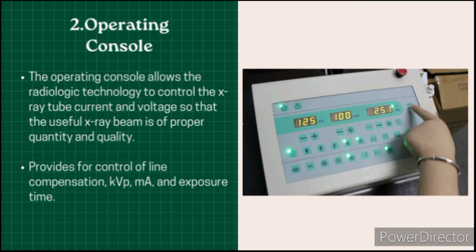Number 2, operating console. The operating console allows the radiologic technologist to control the X-ray tube current and voltage so that the useful X-ray beam is of proper quantity and quality. It provides for control of line compensation, kVp, mA, and exposure time.